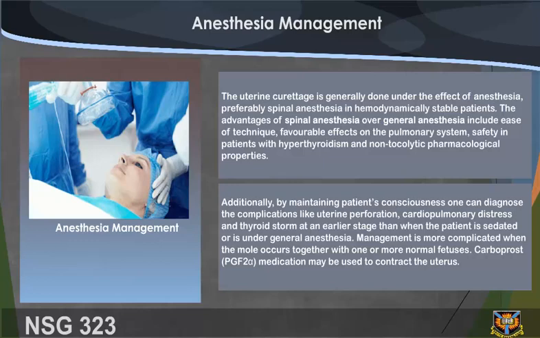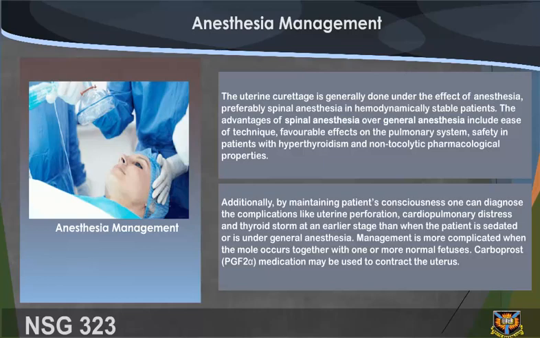Additionally, by maintaining patients' consciousness, one can diagnose complications like uterine perforation, cardiopulmonary distress, and thyroid storm at an earlier stage than when the patient is sedated or is under general anesthesia.